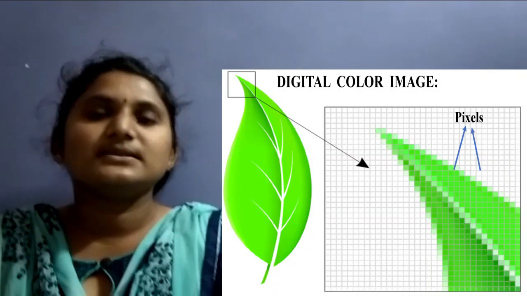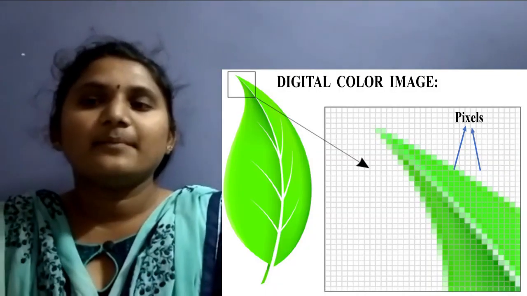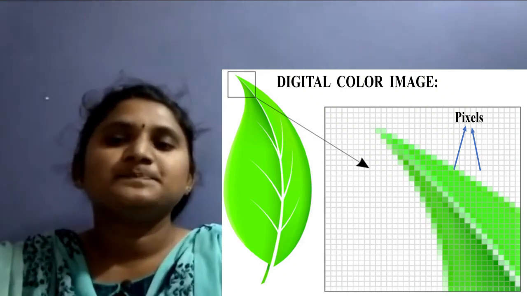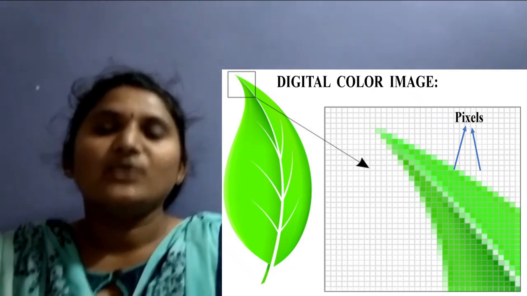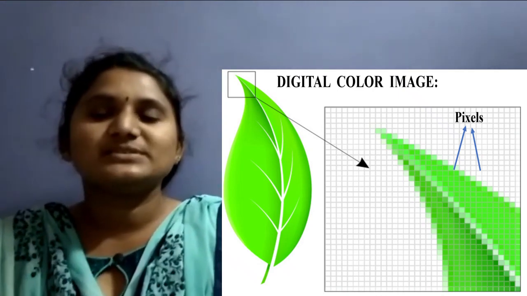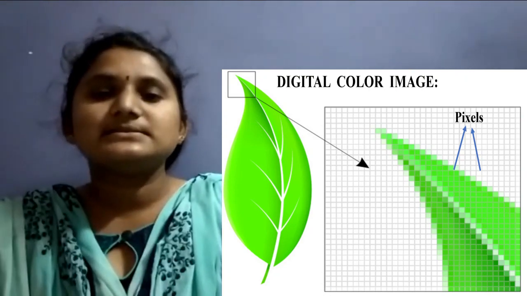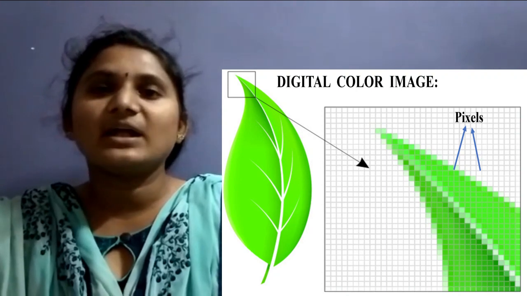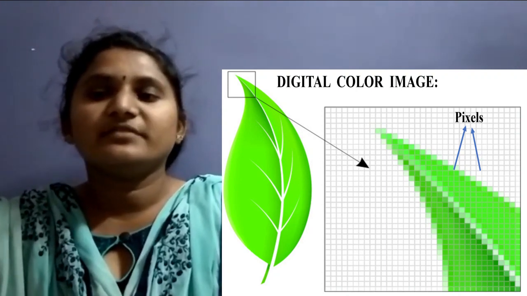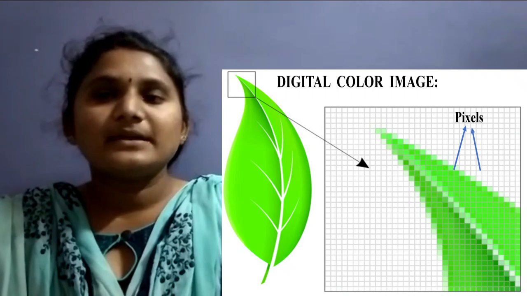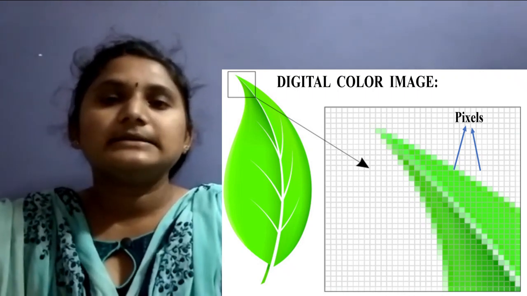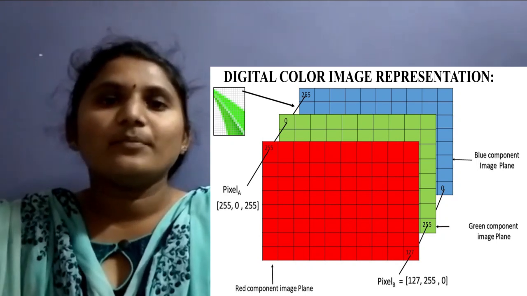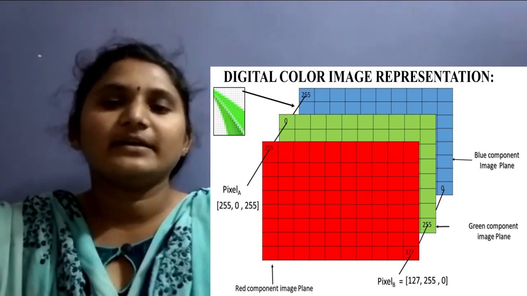In electronics, a digital color image is made up of a set of vector pixels, and a pixel is a picture element, the smallest area which contains some color information, as you see in the figure. The pixels contain color information, which means the pixel value ranges from 0 to 255. The digital image is made up of three color components: the red component, green component, and blue component, as you can see in the figure.